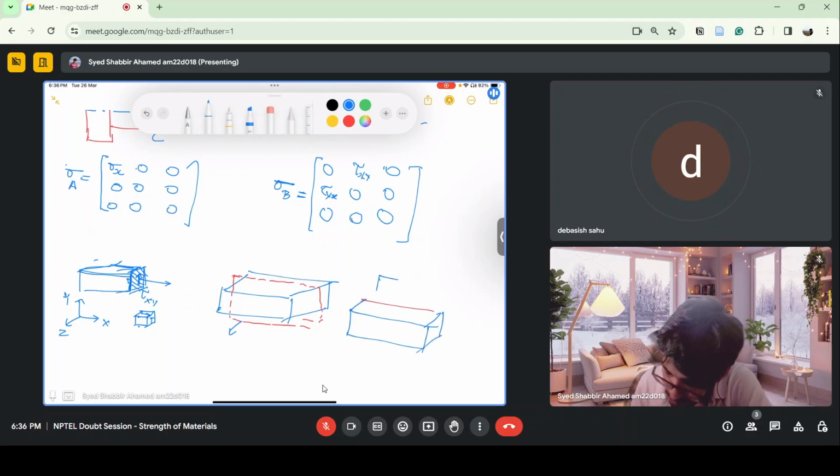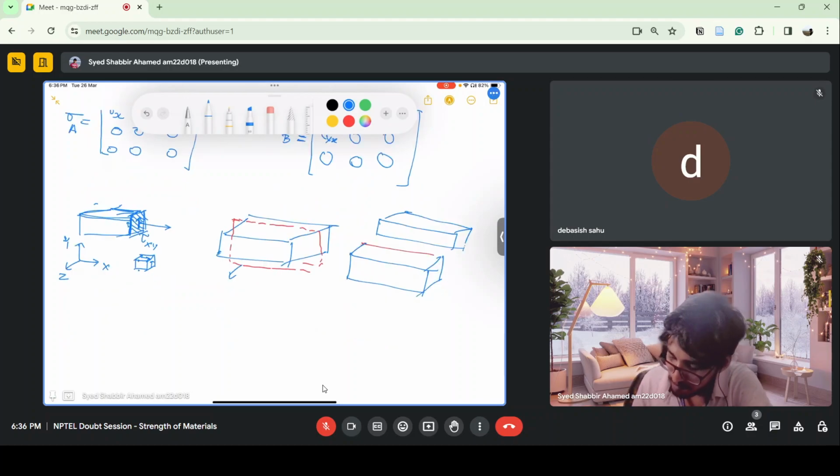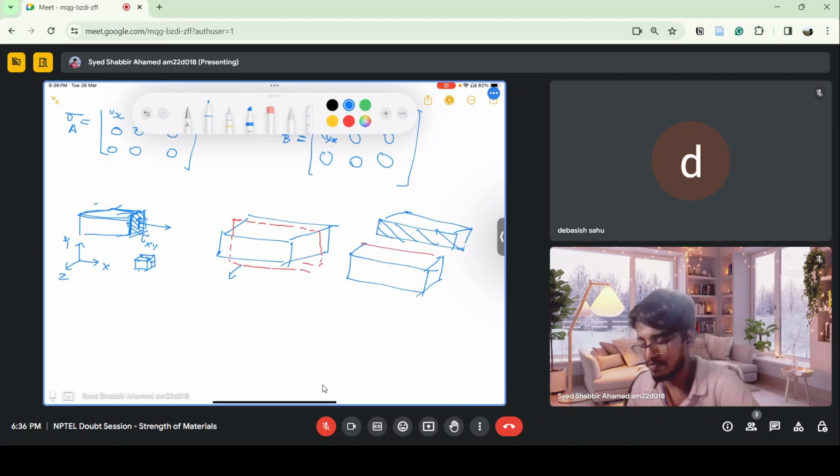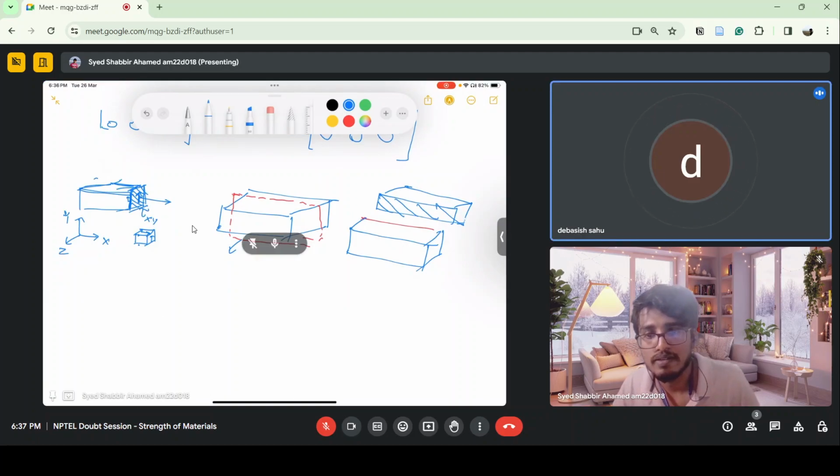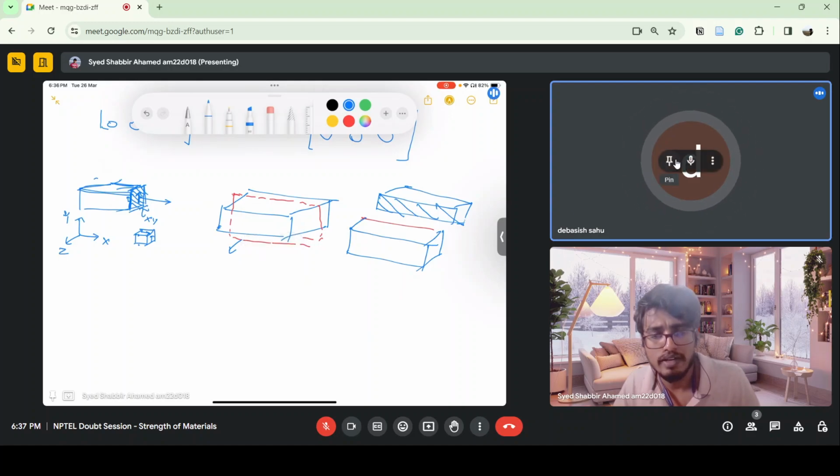I can break this beam into two parts, like this one and this one. So this is the z plane. But we have seen that there is no shear stress there. So you don't write it in the stress tensor. All are zero. Only the x and y planes you consider.